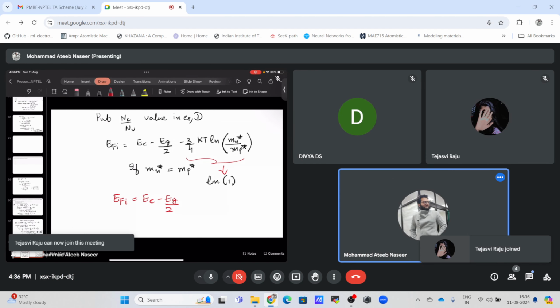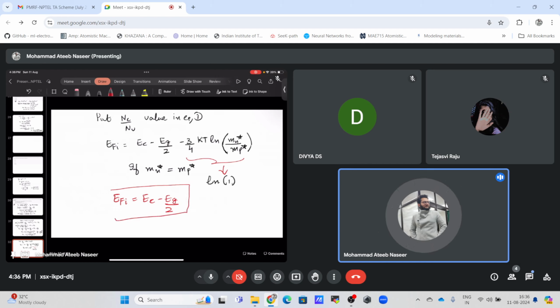It means that the intrinsic Fermi level will lie in the middle of the band gap if the effective mass of electrons is equal to the effective mass of holes.